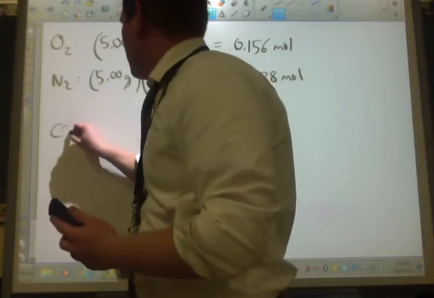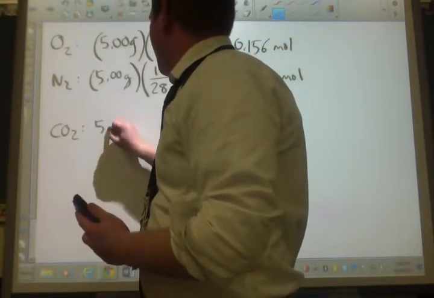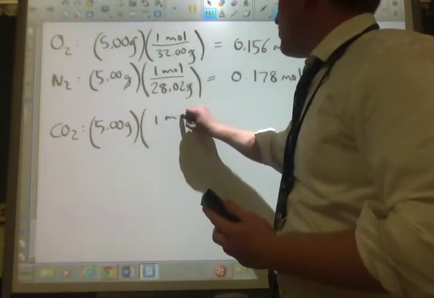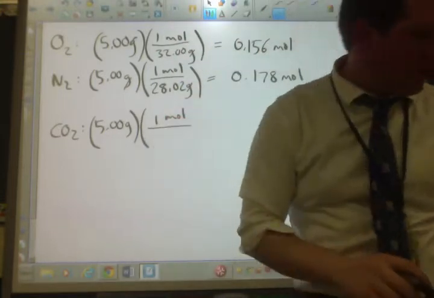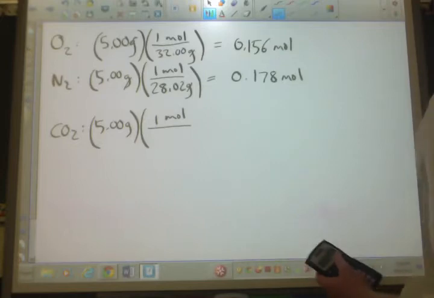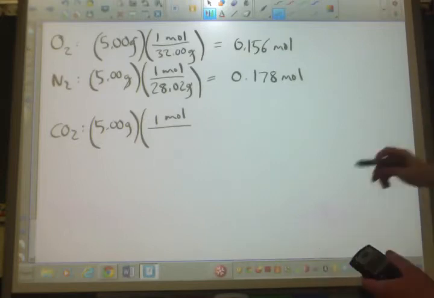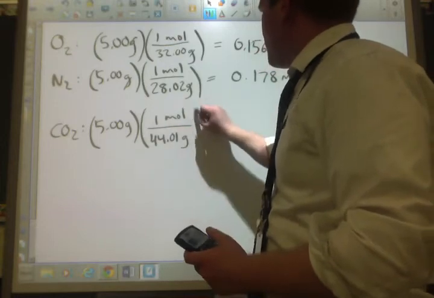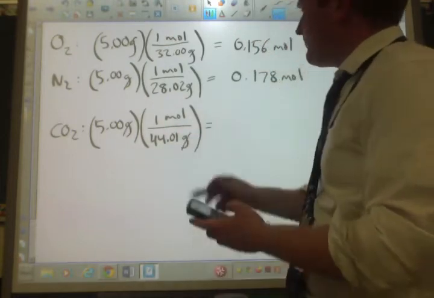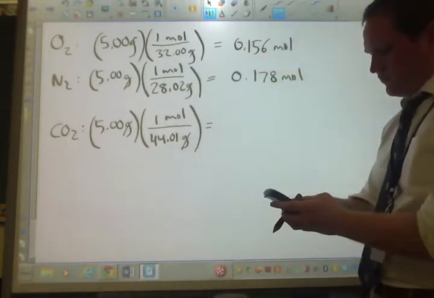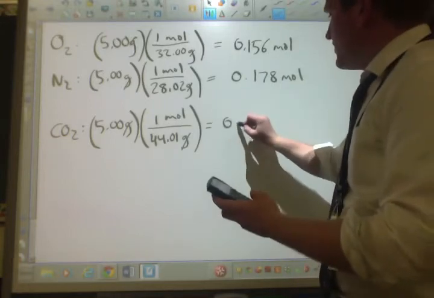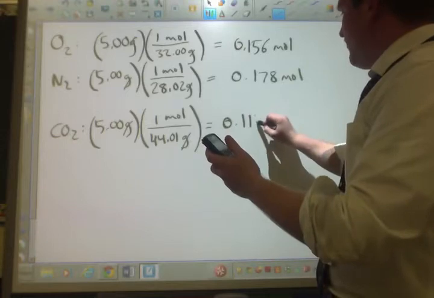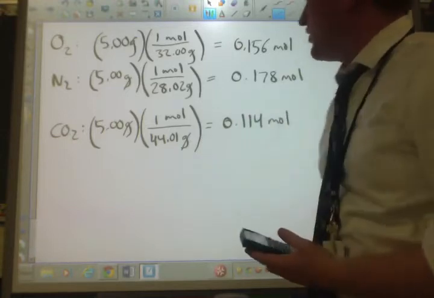CO2. 5.00 grams times 1 mole over, I believe it's 44.01. Carbon 12.01 plus oxygen times 2, yep. 44.01 grams. Gram cancels gram. 0.114 moles.